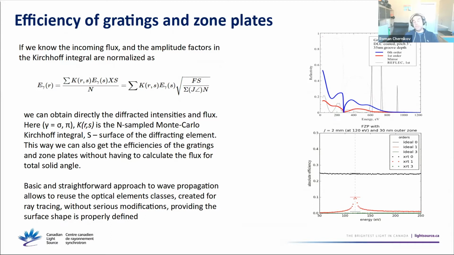This can be used in a real study. You can add a real grating and not only see the change in the direction of the beam, like the diffraction to different orders, but also calculate what would be the intensity of this or that order. And the same can also be done for the zone plates.